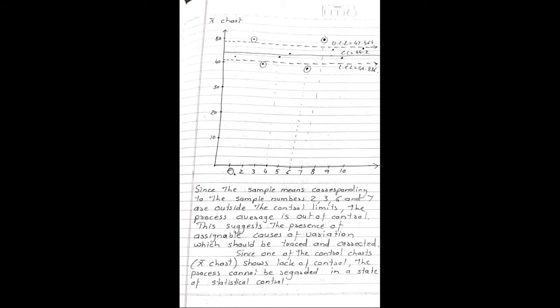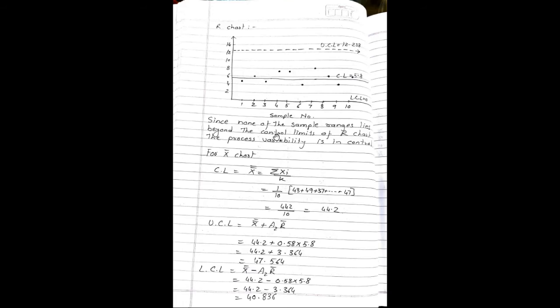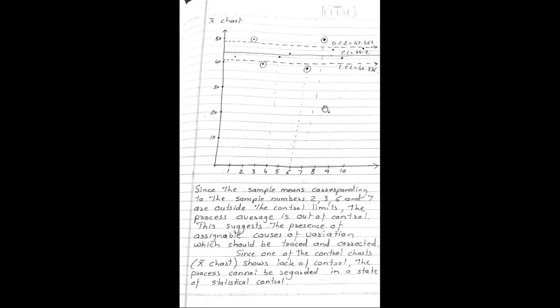First sample, the mean values are 43, 49, 37, 44. So 43, 49, so this is our chart.